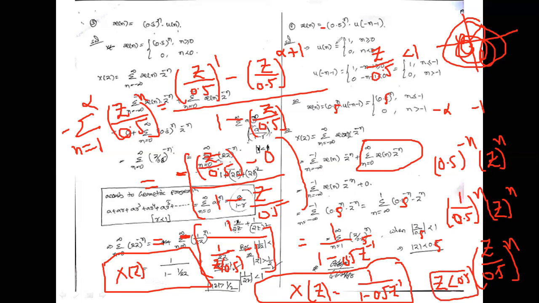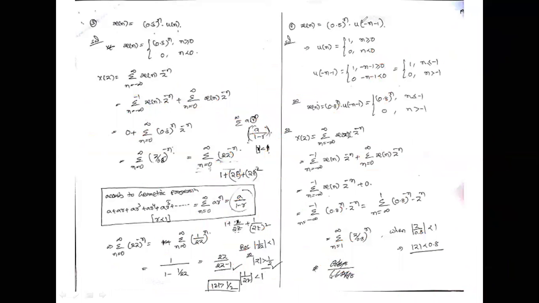Got it, my dear students? Modify this as minus 0.5 to the power n u of minus n minus 1. Remember this one. Both the functions we were given, 0.5 to the power n u of n and minus 0.5 to the power n u of minus n minus 1, the X of z function is the same, but ROC is a difference.